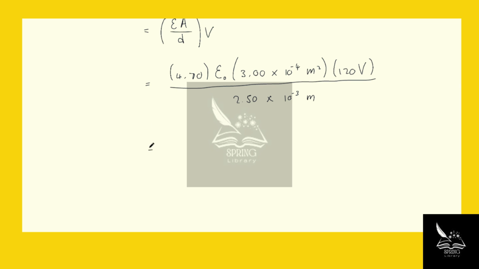So calculating, we get the charge held on each plate to be 5.99 times 10 to the minus 10 coulombs. And that's our first solution.